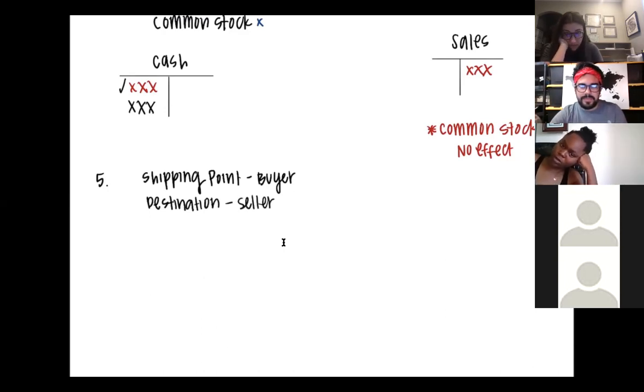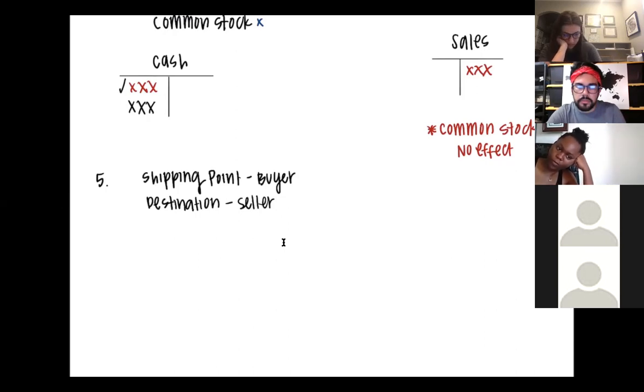Wouldn't it be shipping point, seller, and destination, buyer? What you're trying to say is that at shipping point the buyer pays for it, and at destination the seller pays for it. Yeah, they're responsible for the freight.